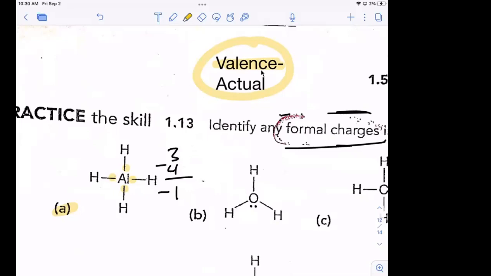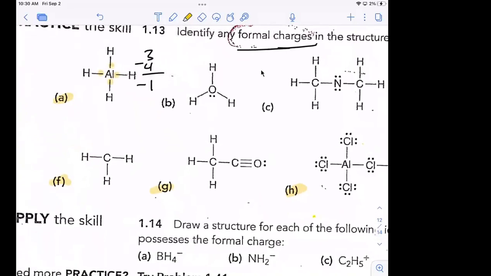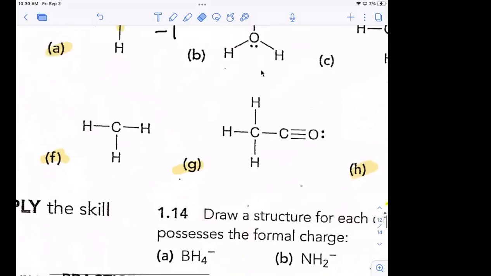All right, let's do F. What's the valence for carbon? It's 4. So this one is going to be what? 4 minus what?